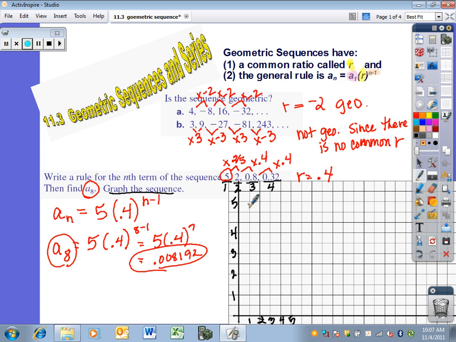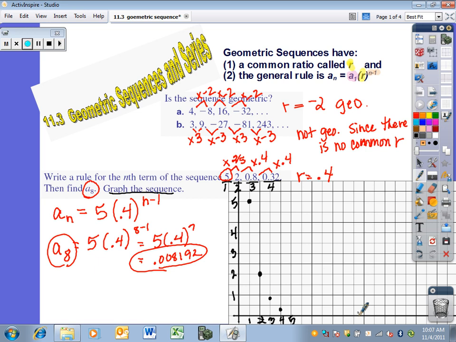So the first term is 5, so I put a point. Second is 2, so 2, 2. Third is 0.8, so it would almost be at 1. Fourth is 0.32, so that would be about right there.